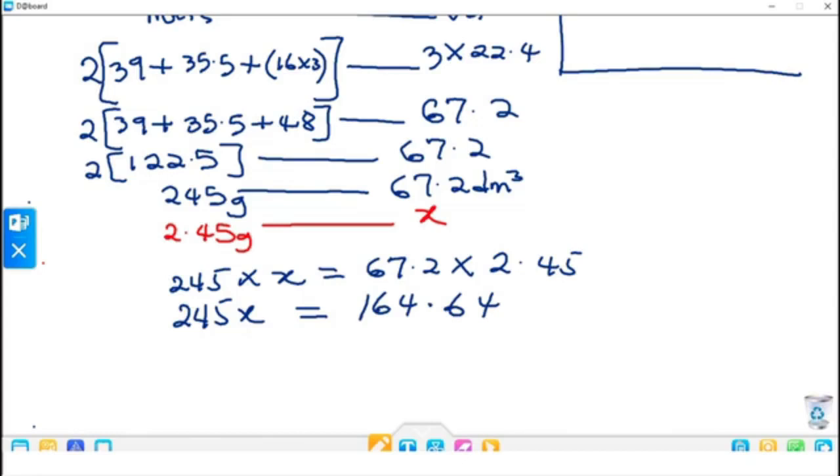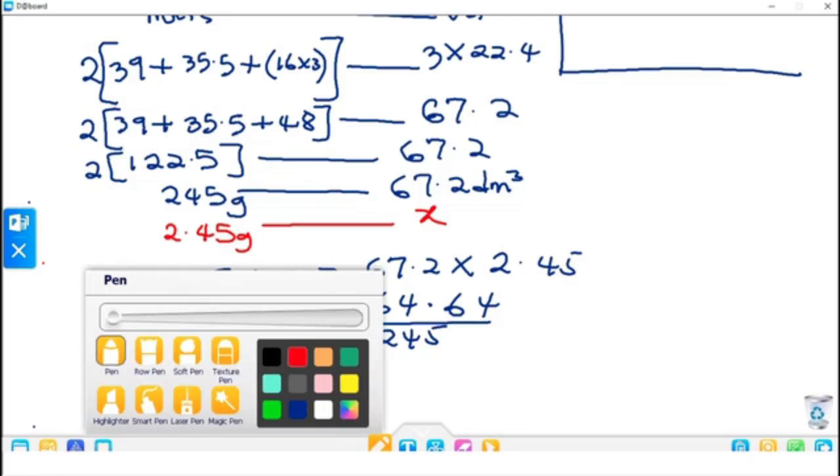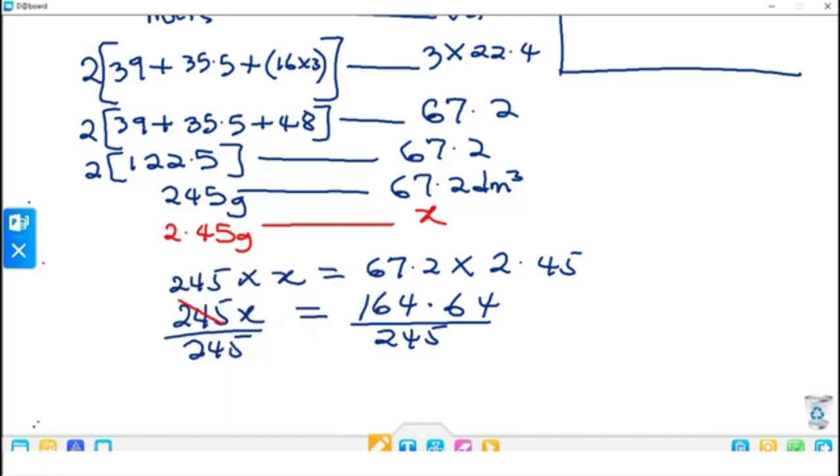So what do we do next? Divide both sides by 245. So when we do that, 245 can take care of 245. Therefore, x is equal to 164.64 divided by 245, which will give us 0.672 dm cube.